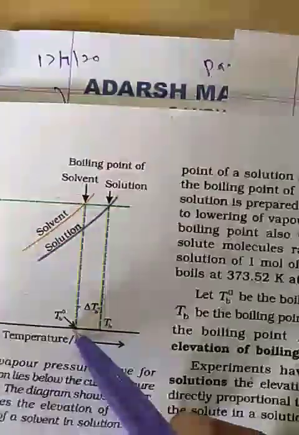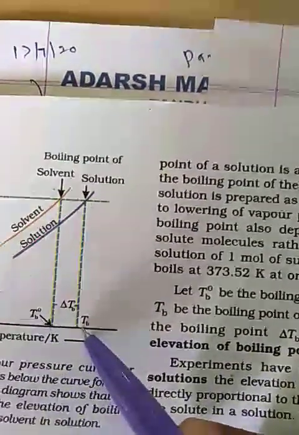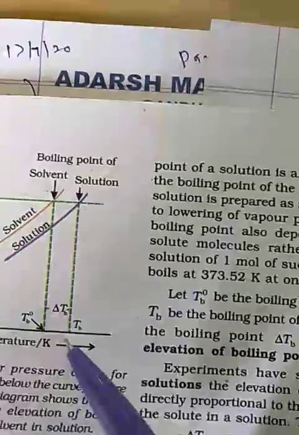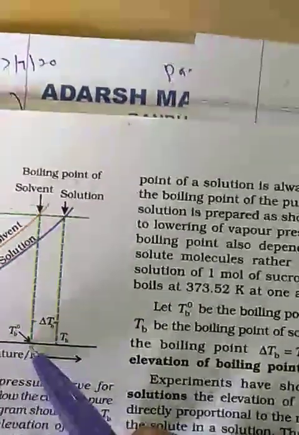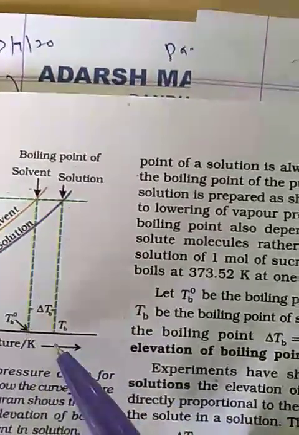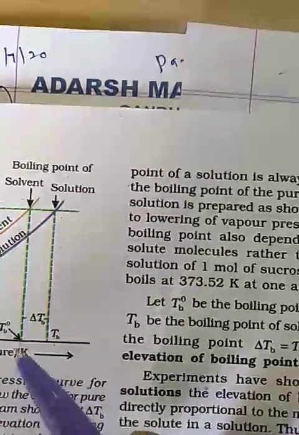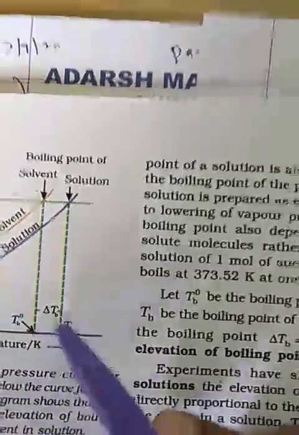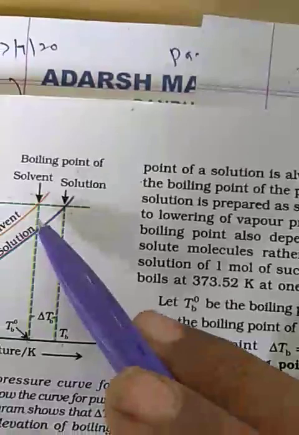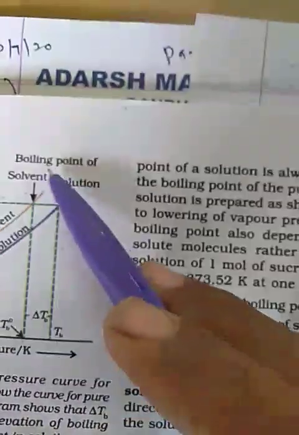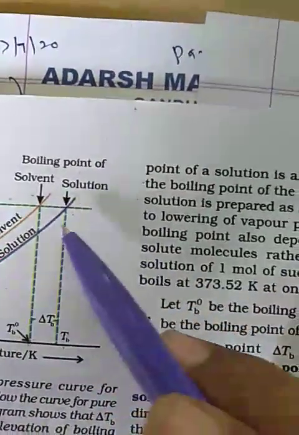See in the graph, this is Tb0, this is Tb, this is of solvent, this is of solution. Suppose here it is 100 and this is 110. So from 110 we will minus 100. So 10 we are going to increase. So the boiling point of the solution is going to increase. This is called the elevation.